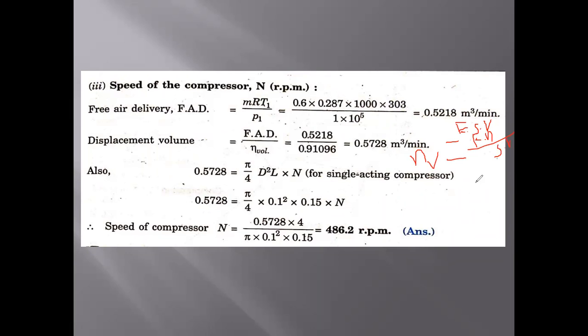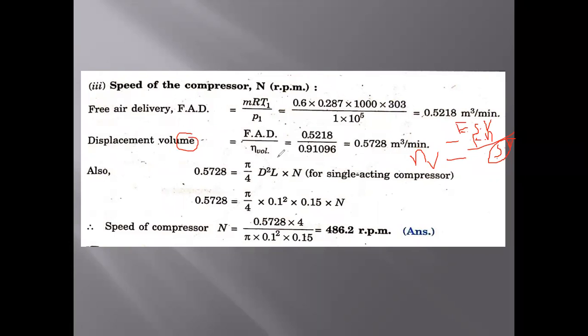So what is swept volume? Swept volume is nothing but pi by 4 d square L. This means the volume throughout the cylinder where the piston reciprocates, from top dead center to bottom dead center, right? So now he asked the displacement. The swept volume is nothing but the displacement volume only.